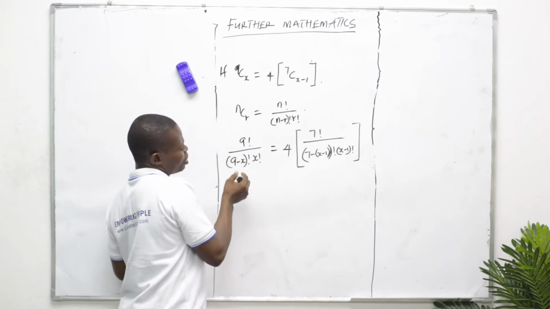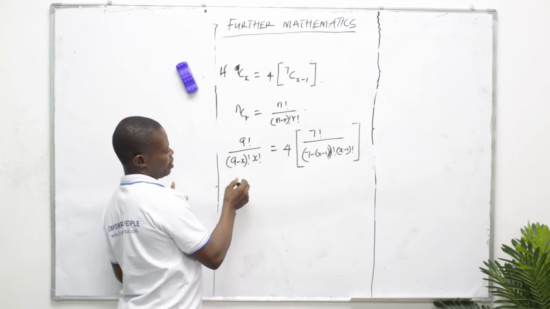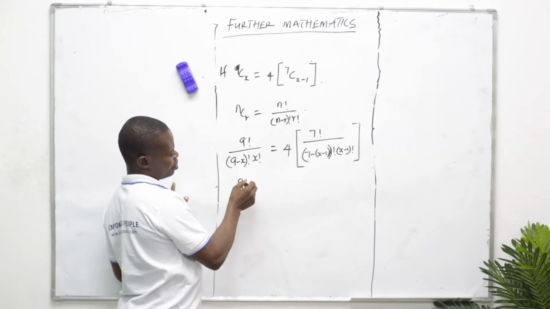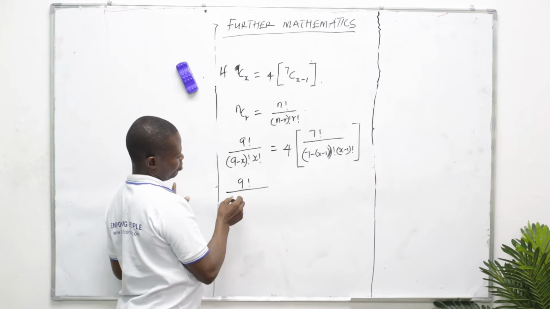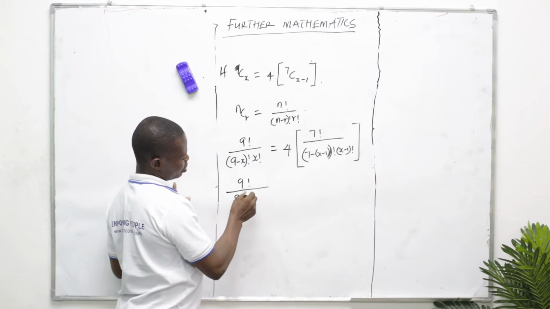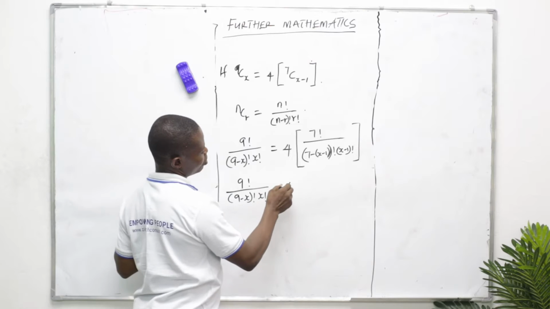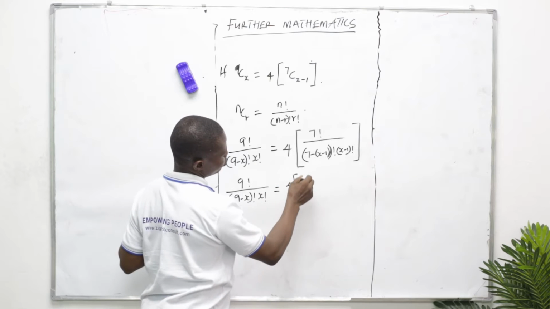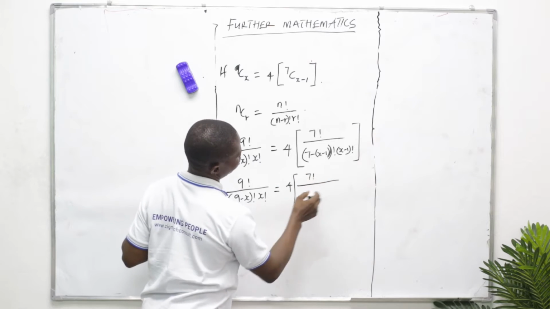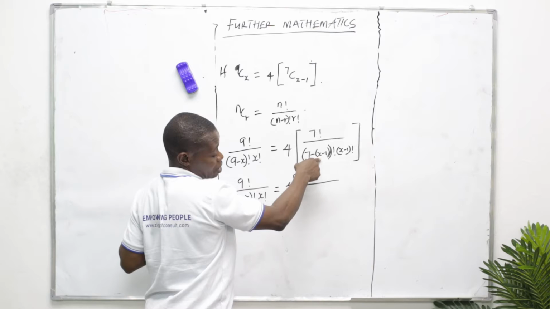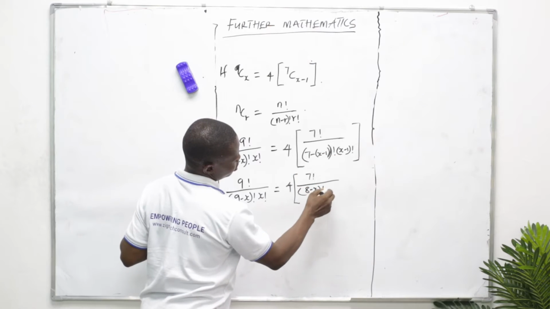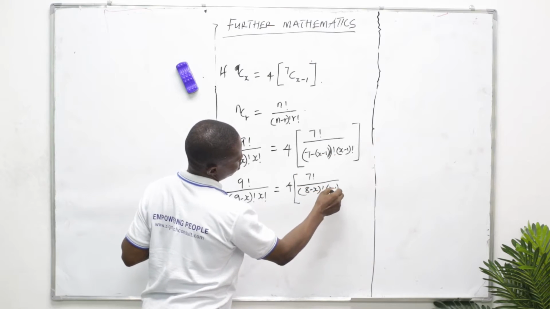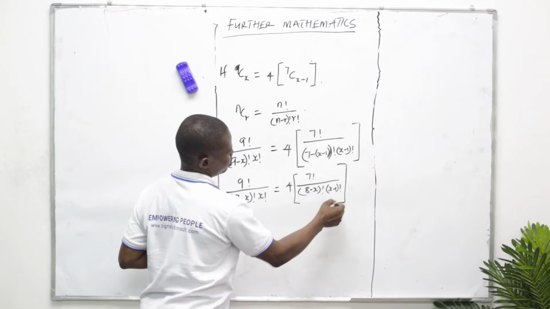Now, we need to do something here. This is 9 factorial all over 9 minus s all factorial into s factorial equals 4 into 7 factorial all over 7 minus s minus 1, meaning 8 minus s all factorial into s minus 1 all factorial. Good.